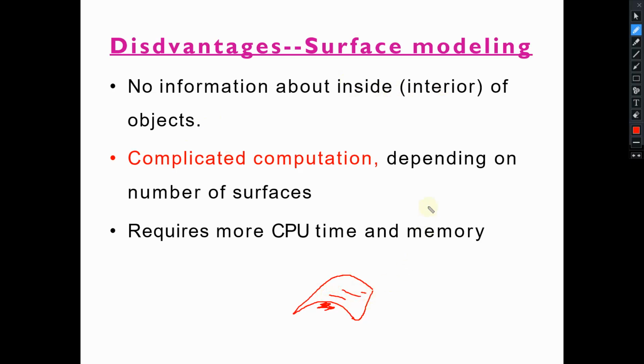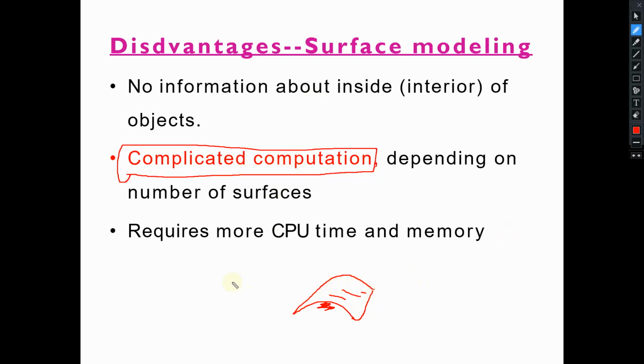There is no information. And if you are trying to do certain computations on a surface model, it becomes very complicated, because we do not perform computation on a simple surface.